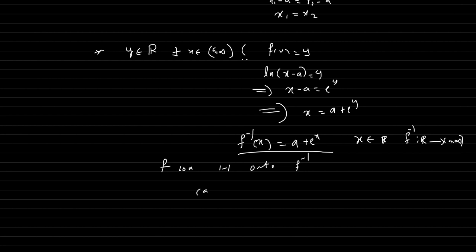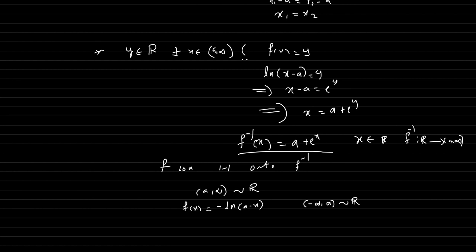Any interval of this form is homeomorphic to R. By taking f of x equal to minus logarithm of a minus x, we can say that the interval minus infinity to a is homeomorphic to the whole real line R.